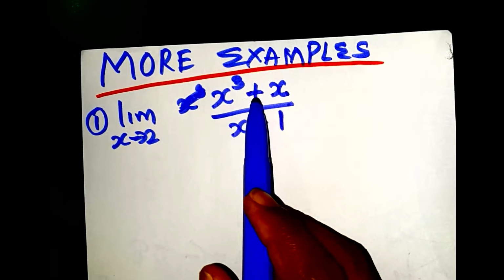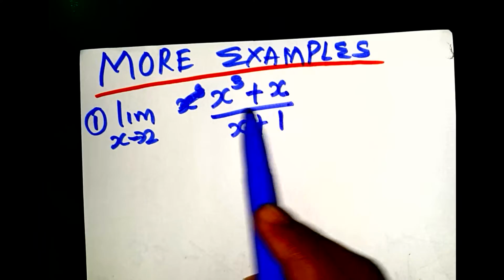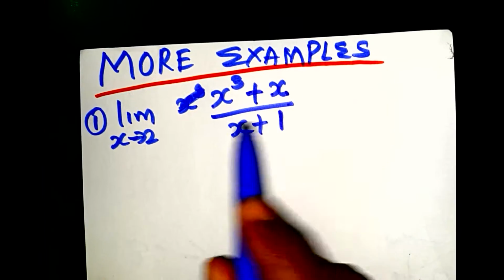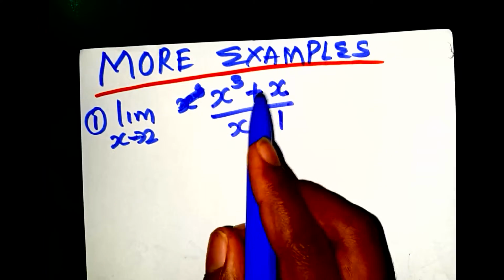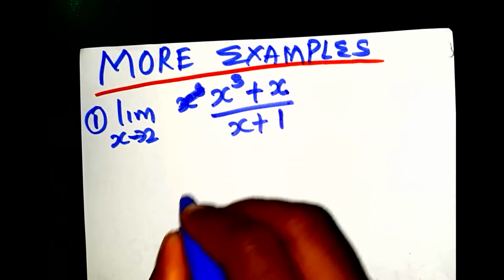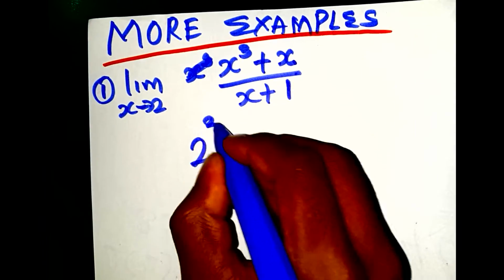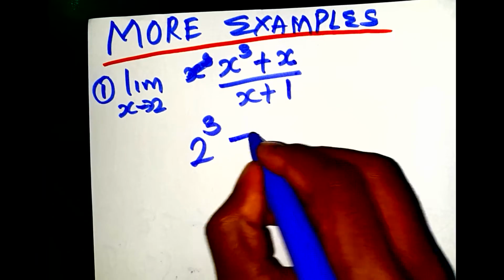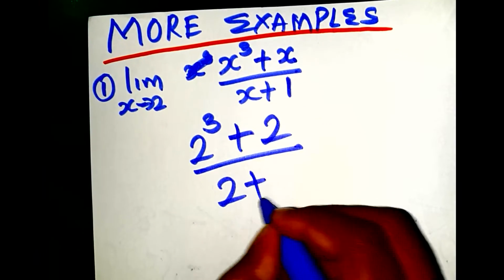Like I told you in the previous video, we have to replace our x with 2. So we have 2 cubed plus 2, all over 2 plus 1.